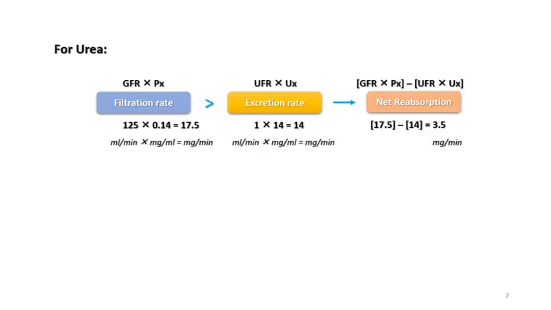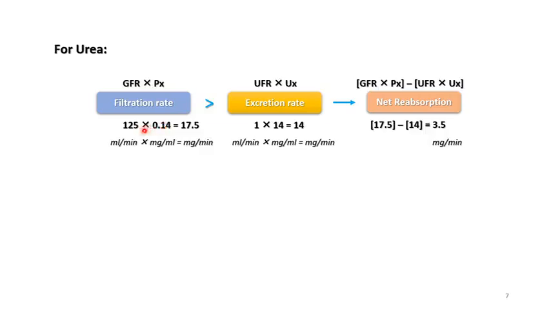For urea, its plasma concentration is expressed in milligram per deciliter. It is about 14 milligram per deciliter. But if we convert it to milligram per milliliter, we should divide it by 100, and it is 0.14.